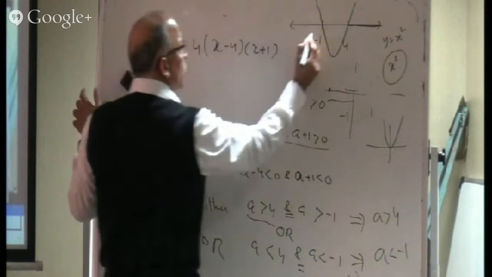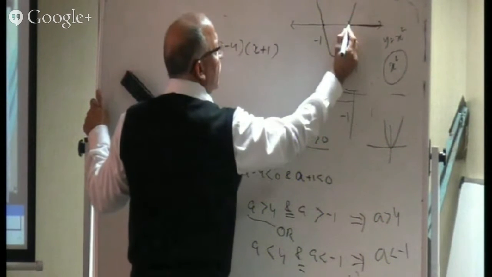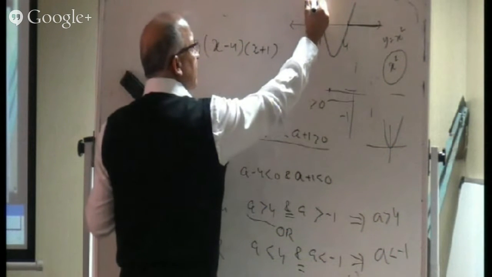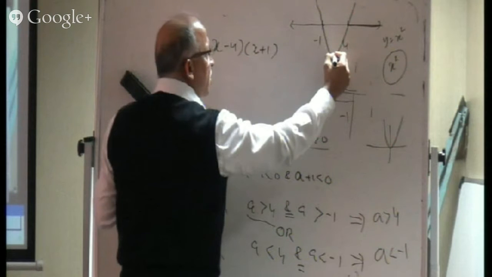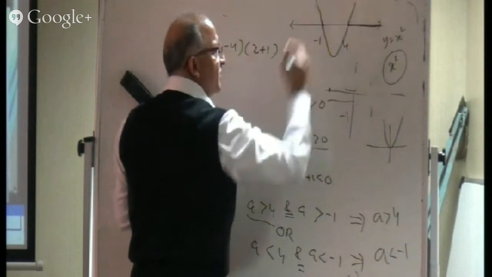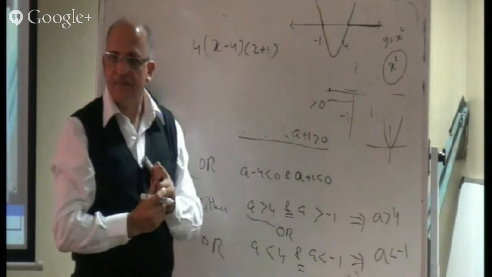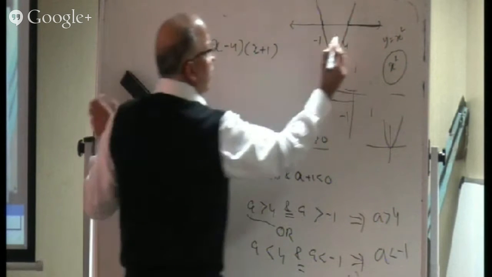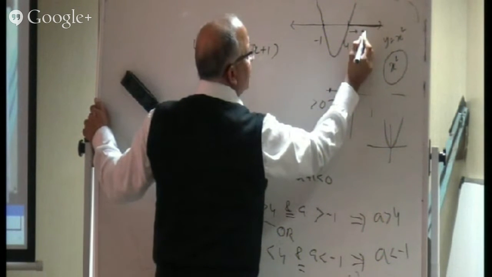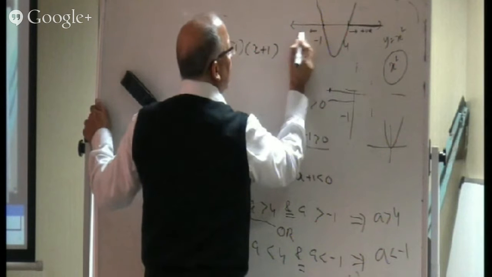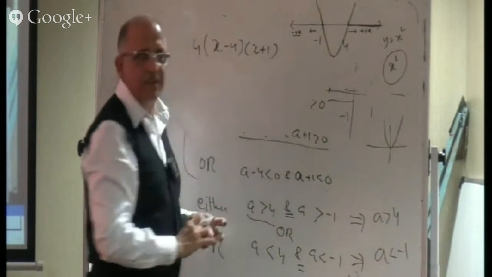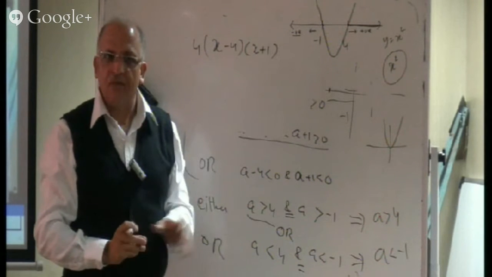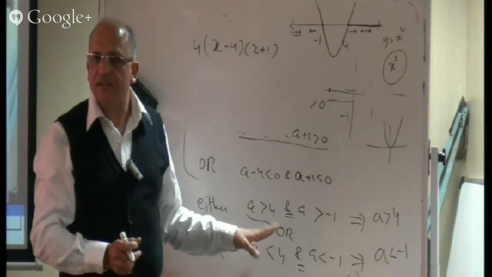Moreover, it has got two roots, minus 1 and 4. Opening upwards, that means it will come down from here, pass through this root, reach a minimum value and go up. That means on the right of 4, it will be positive. And on the left of minus 1, it will be negative. So without doing the calculations, we could have done it.